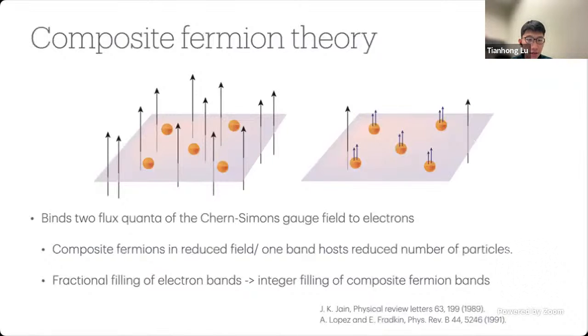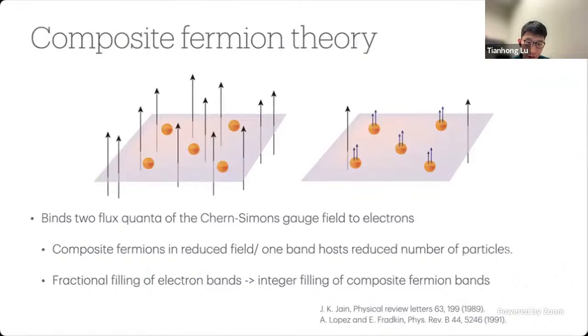And the composite fermion, by eating up this part of the fluxes, is experiencing a reduced field, as you can see going from left to right. Some fluxes are absorbed in the composite fermion. We know that in Landau levels, the degeneracy of an energy level, or how many electron states you can host in one Landau level, depends linearly on the strength of the B field.